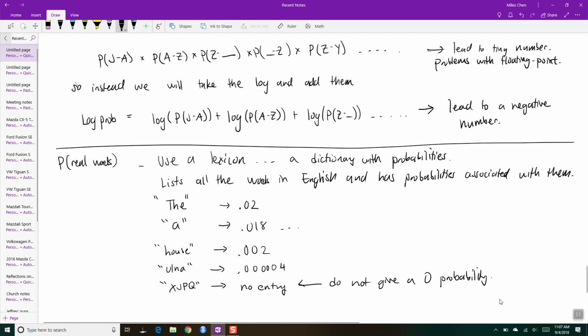Because if you give it a 0 probability, then it means this mapping is impossible. We just have to give it a very unlikely probability, but a non-zero one. Do not give a 0 probability, just give it a very small probability.